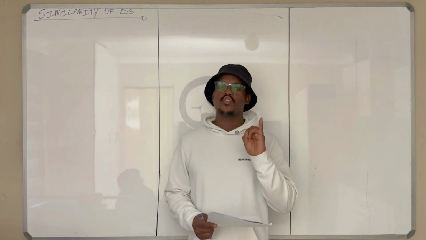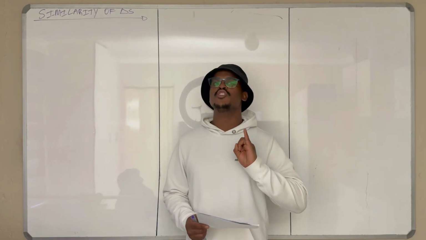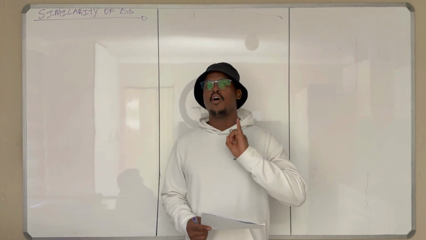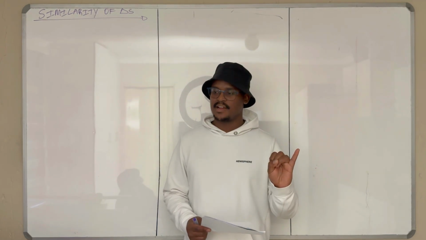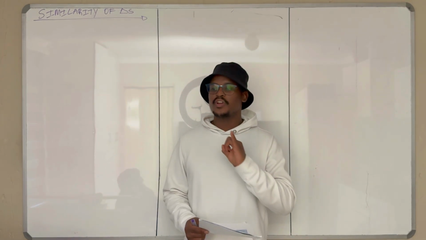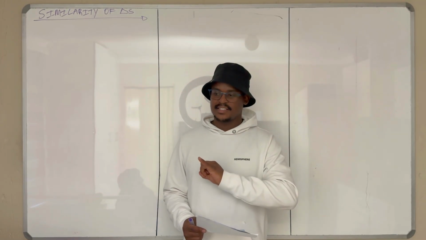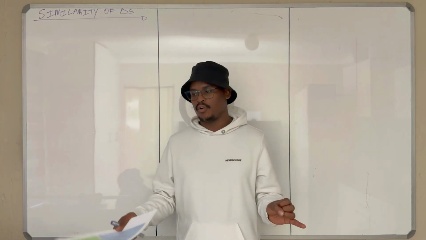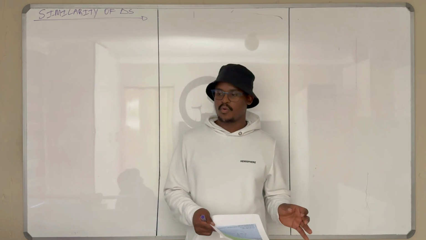One, you must show at least two pairs of corresponding angles are equal in measure, right? You don't have to show all three angles are equal in measure. If you can just show that two pairs are equal in measure, that will be enough. The third pair will follow from these two being equal.